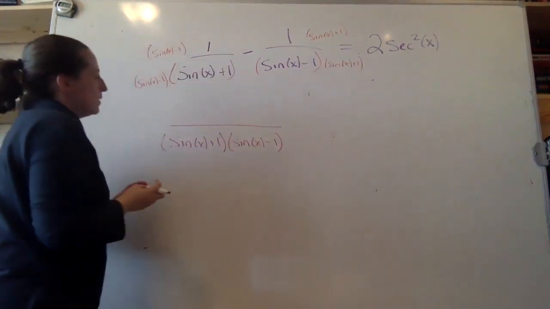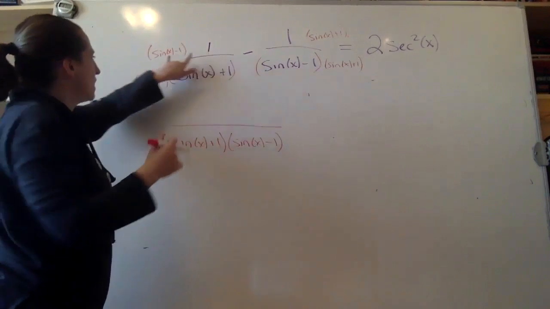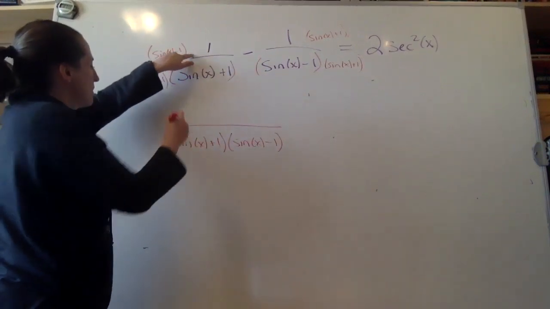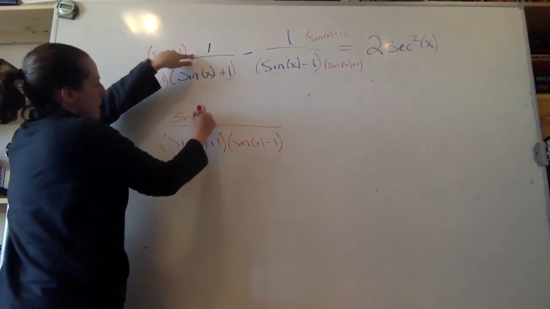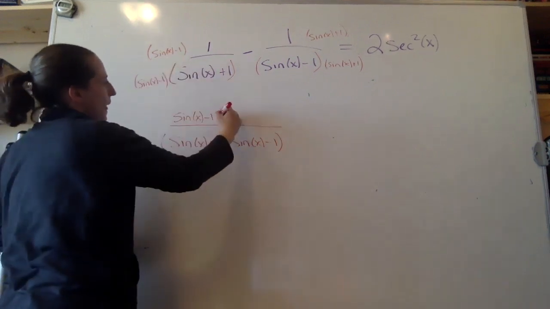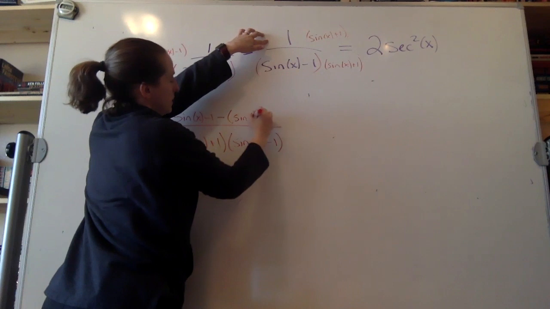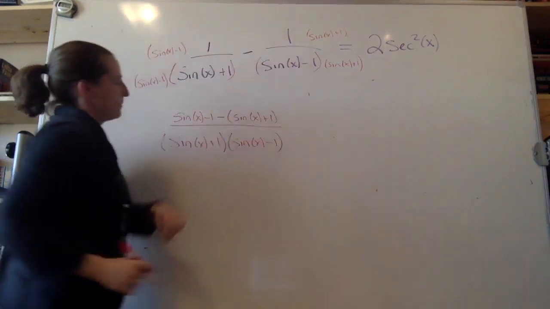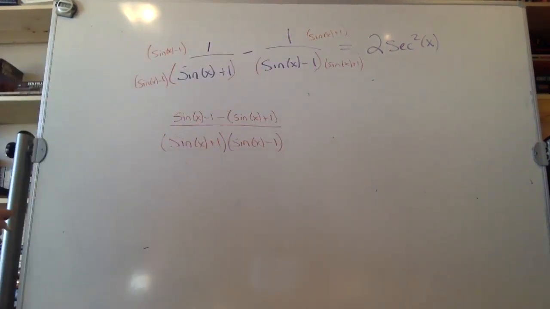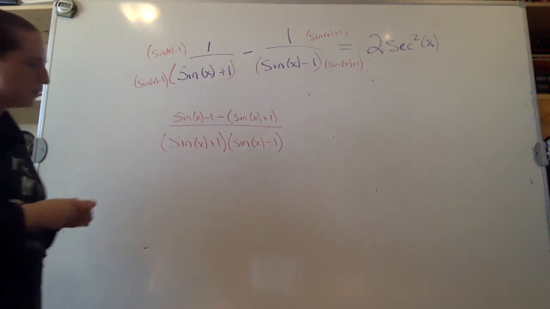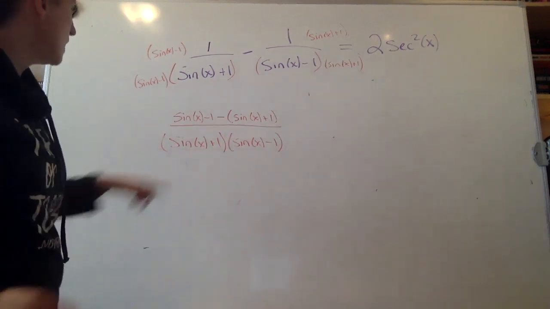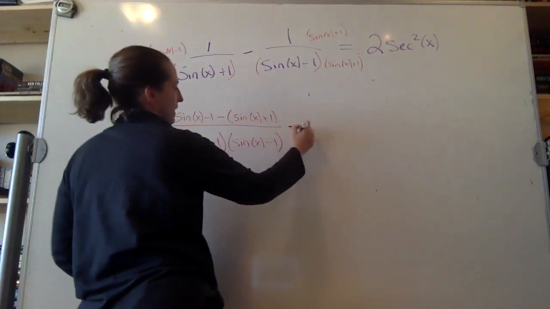Okay, so then when I perform the subtraction, I'll have sine of x minus 1 times 1, so sine of x minus 1, minus 1 times sine of x plus 1, or sine of x plus 1. Okay, all right, so now let's do some simplifying. I'm going to go ahead and distribute my negative here.